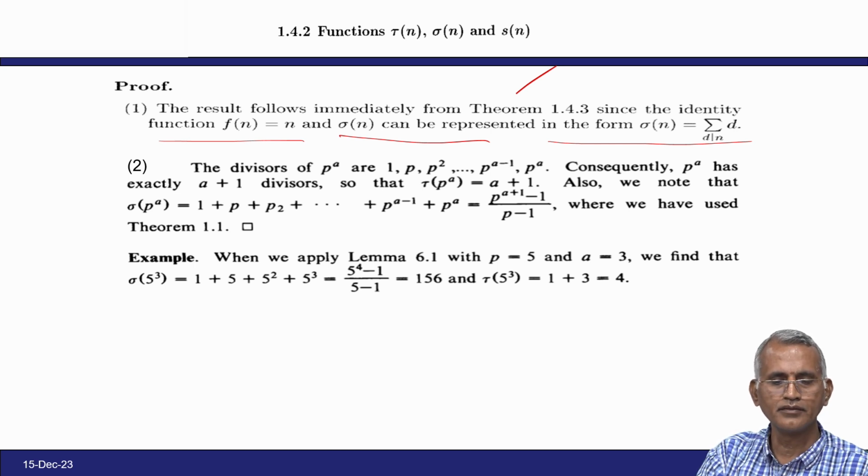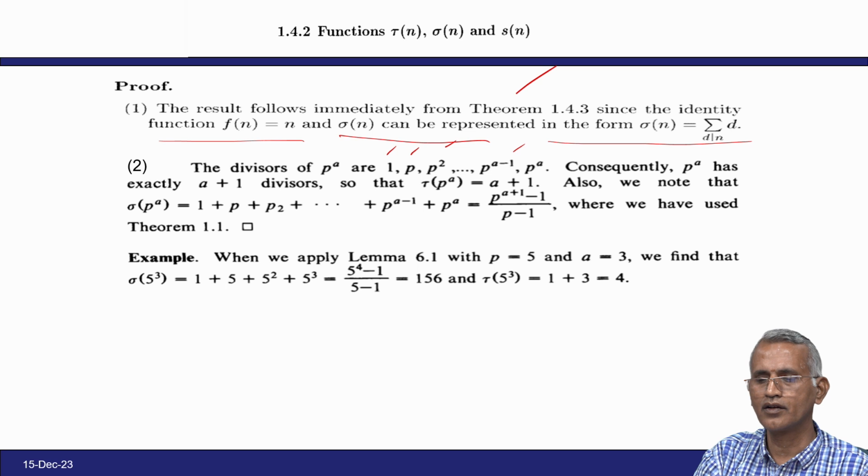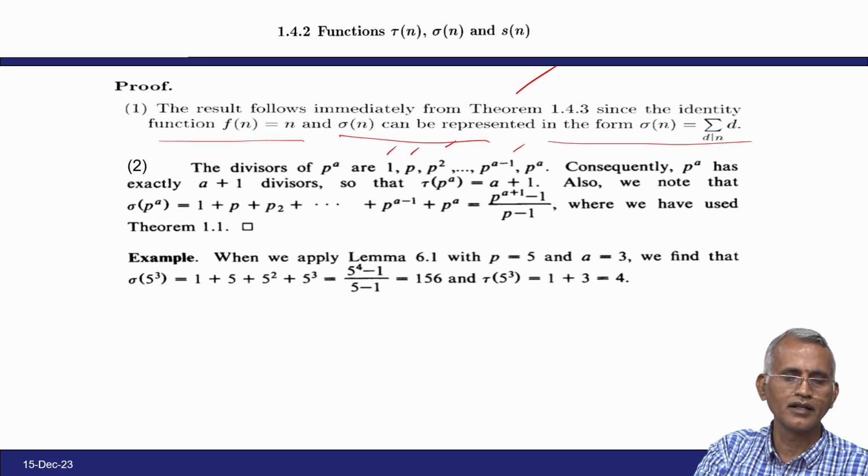For the second theorem, the divisors of p power alpha, or a, whatever it may be, are 1, p, p squared and so on, p power a minus 1, and p power a. Consequently, p power a has exactly a plus 1 divisors, so tau of p power a is a plus 1.